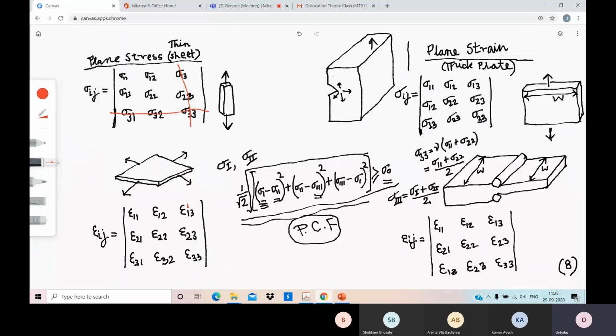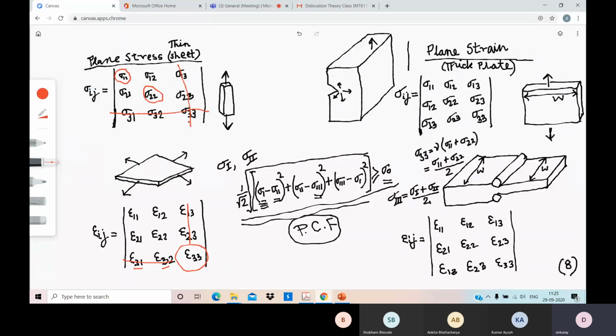Yes, there can be. We know epsilon 13 requires sigma 13 and epsilon 23 requires sigma 23, so these two values will not be there. But epsilon 33, even sigma 11 or sigma 22 can give you epsilon 33.